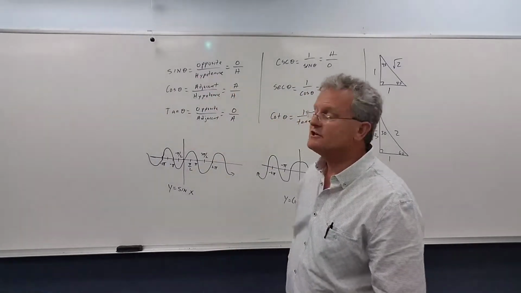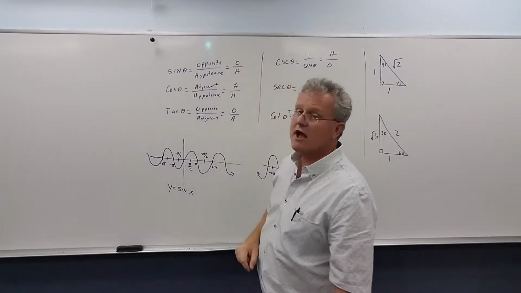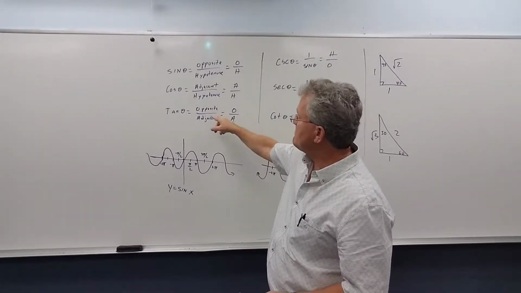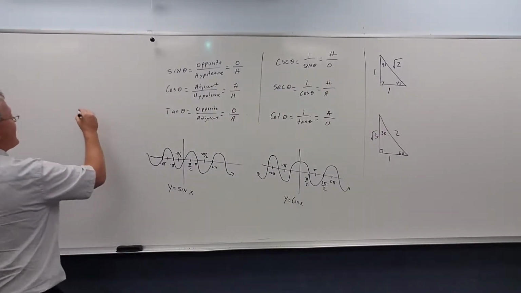First thing are the definitions of our trig functions. Sine is opposite over hypotenuse. Cosine is adjacent over hypotenuse. Tangent is opposite over adjacent. What do we mean by that?